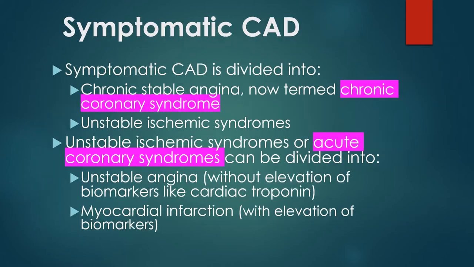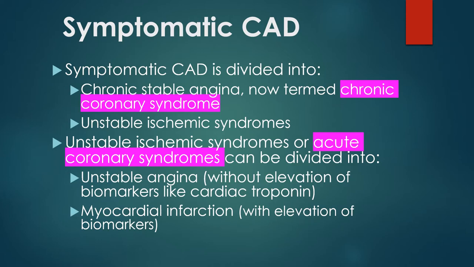Symptomatic CAD is divided into chronic stable angina, now termed chronic coronary syndrome, and unstable ischemic syndromes. Unstable ischemic syndromes or acute coronary syndromes can be further subdivided into unstable angina and myocardial infarction. Biomarkers like cardiac troponin are elevated in myocardial infarction.